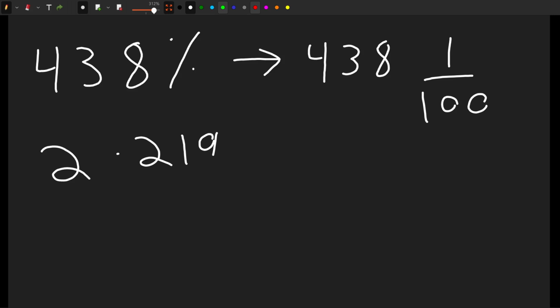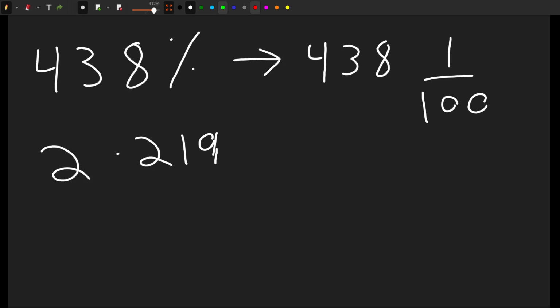Is that divisible by 3? It is divisible by 3, but 100 does not have a 3 in it. So we'll leave that there.